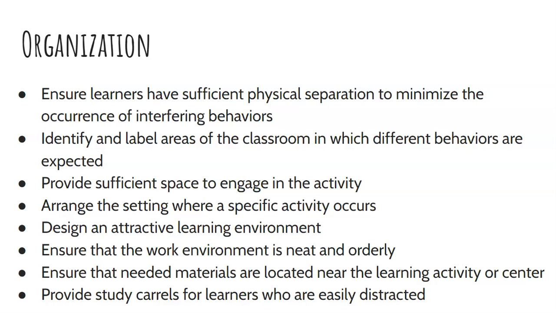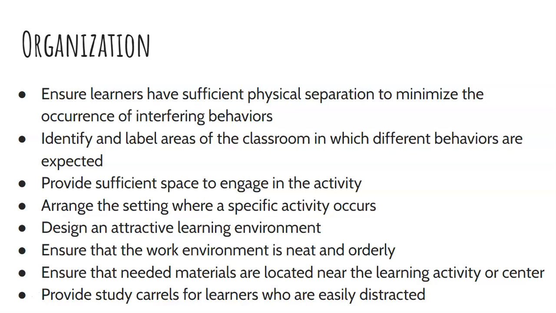Providing sufficient space to engage in activities in these learning centers is key. Arrange the seating where the specific activity occurs. Try to make an attractive learning environment by labeling things, a welcoming environment, whether it be a reading nook or a reading corner, maybe some comfortable seating for students to relax and practice their leisure activity of reading a book.